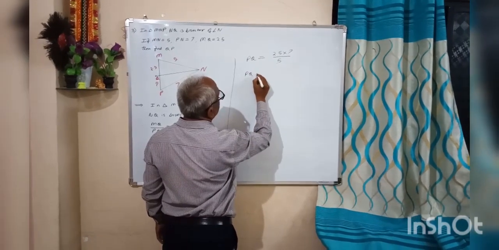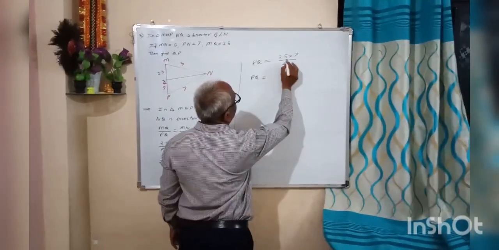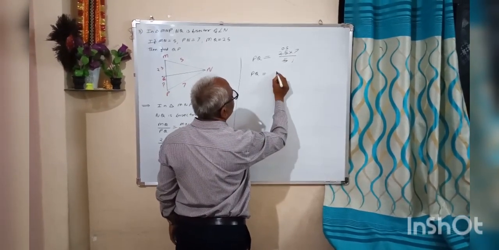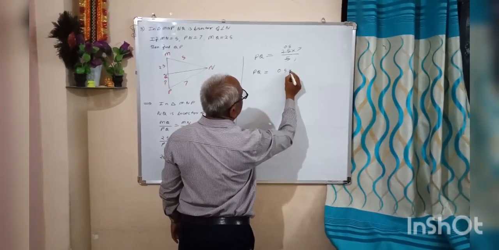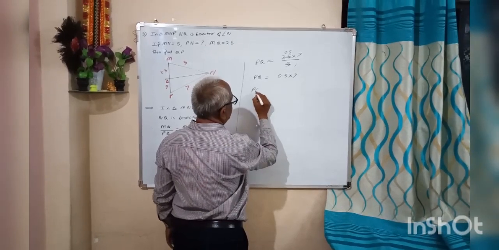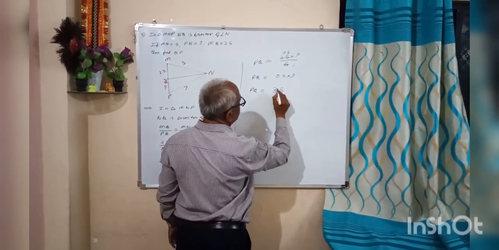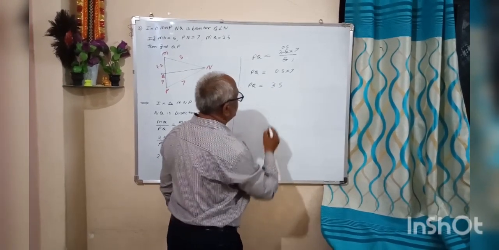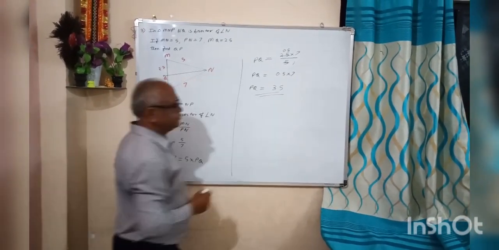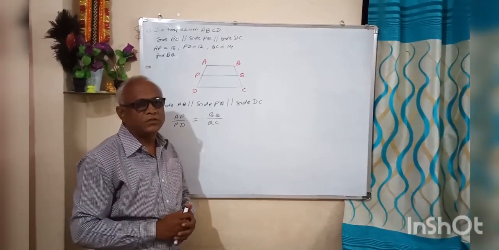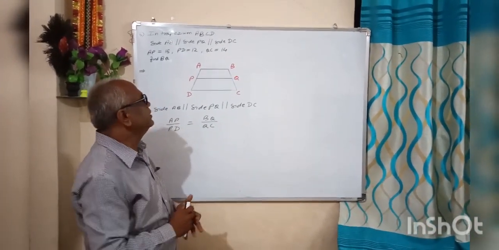Therefore, PQ is equal to, 5 ones are 5, 5 5s are 25, that is 0.5. 0.5 into 7, that is PQ is equal to 7 5s are 35, that is 3.5. Now, the fourth example is homework.